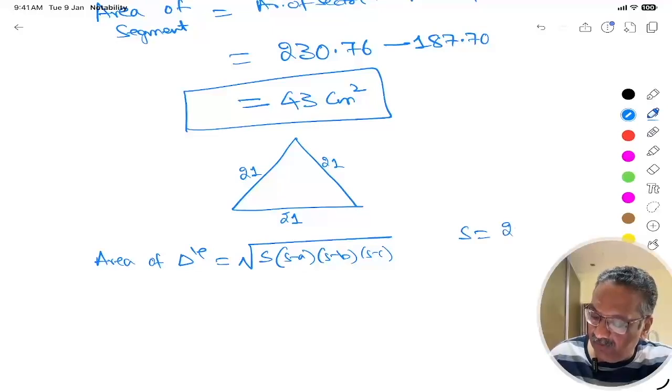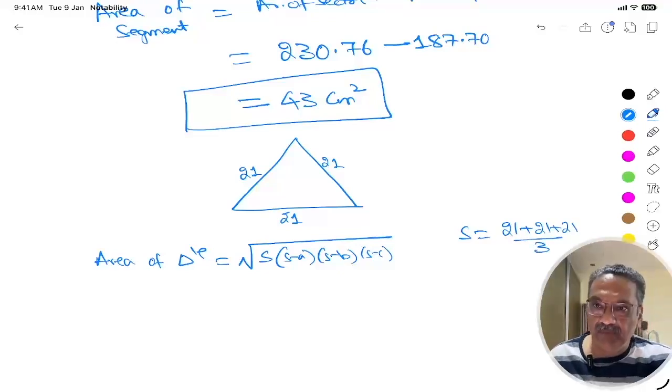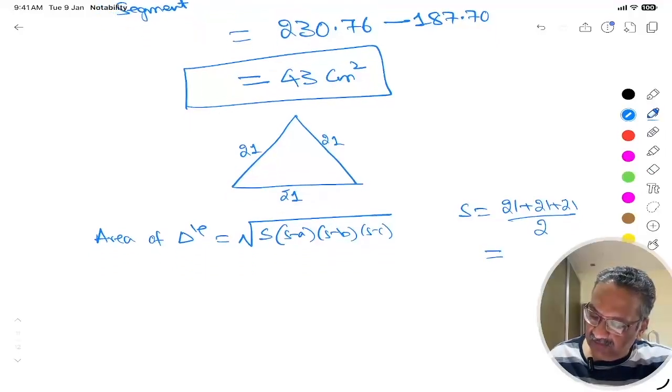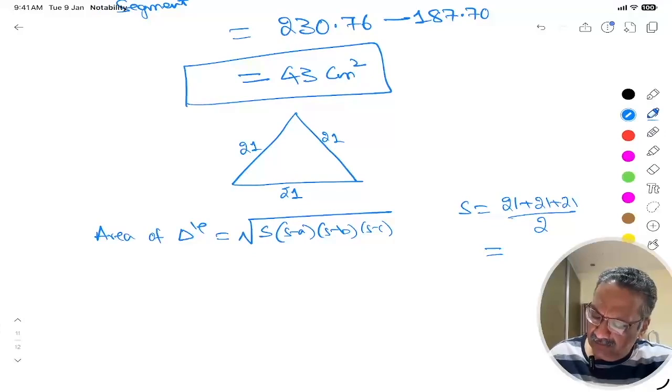S will be equal to semi perimeter, that is 21 plus 21 plus 21 by 2, sorry. Or better is you can take this as s only.